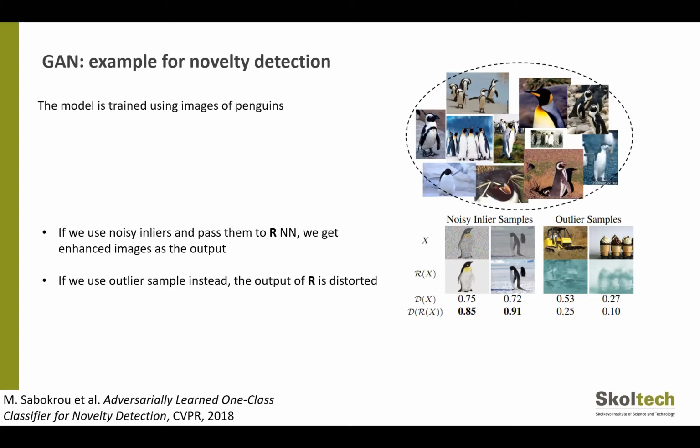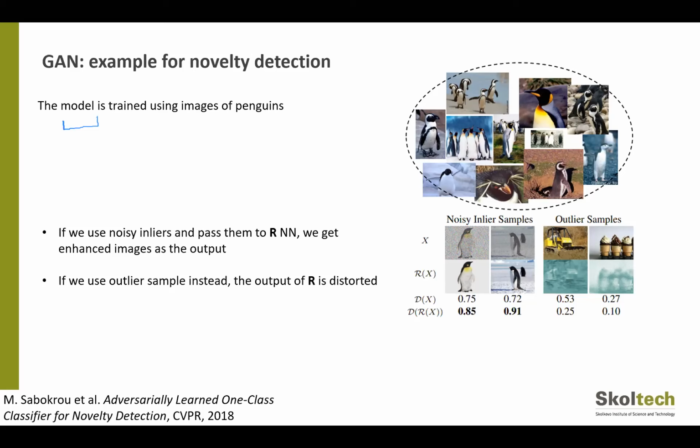Okay, so let's consider an example, and I hope it will be clearer after considering an example what's going on. Suppose we have our autoencoder model trained using images of penguins. A lot of them, a large sample, and these penguins are very diverse, and so on. What we get when we train an autoencoder, adversarial autoencoder or variational autoencoder does not make much difference now.